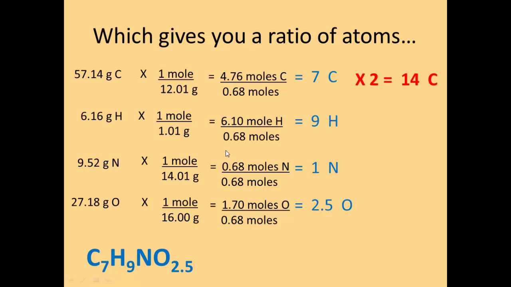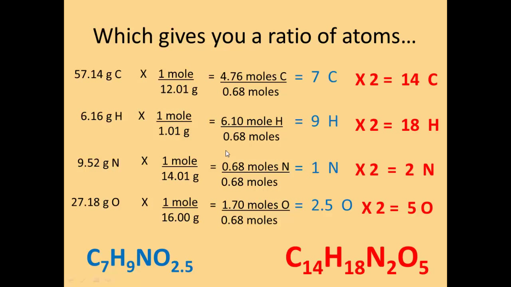So that gives us 14 carbon atoms, 18 hydrogens, 2 nitrogens, and 5 oxygens. Our numbers now become the subscripts in the formula. NutraSweet would have an empirical formula of C14H18N2O5.